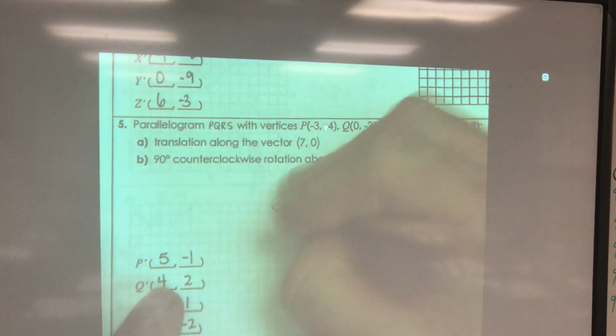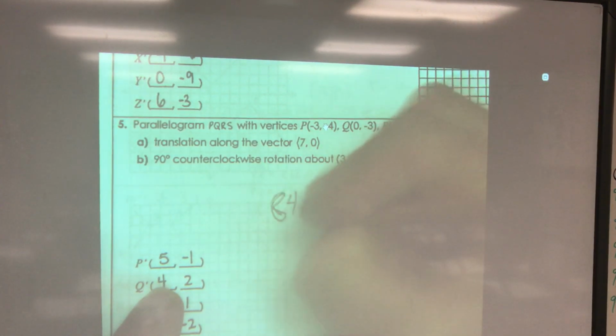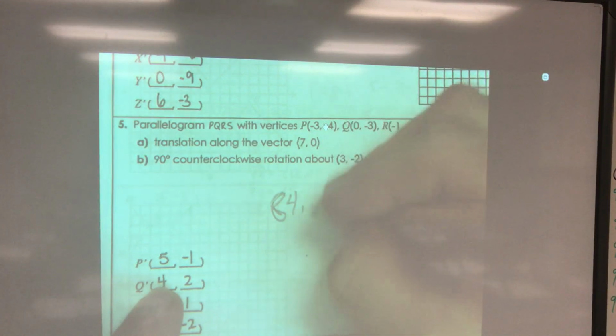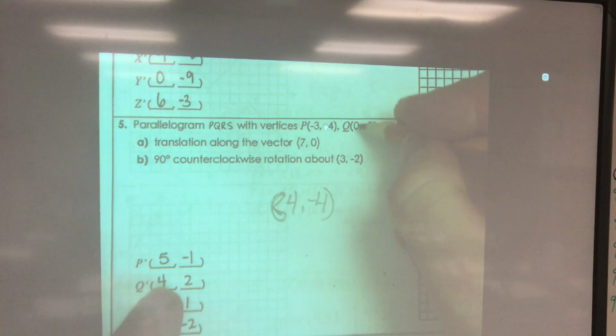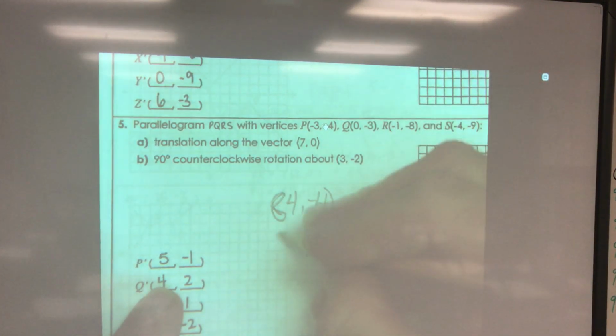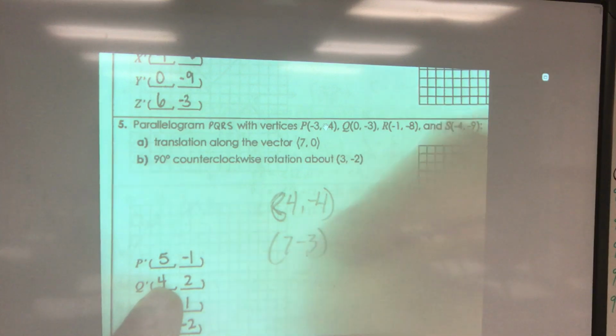Or I should say my new point, not a vector, 4 and -4. Then I have 0 and 3, so I have 7 and -3.